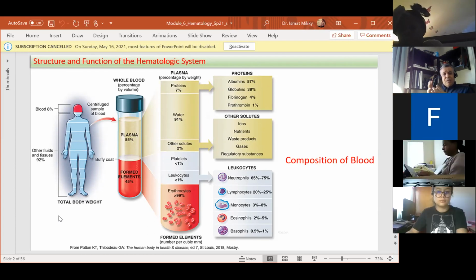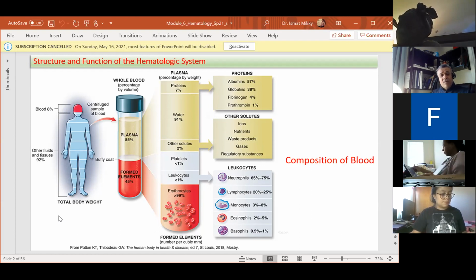So which is, again, from the plasma. We said plasma is about 55%, and then the formed elements, 45%. It's almost like half plasma and half blood cells. The blood-forming elements, which are the blood cells, are about 45%: platelets, leukocytes, erythrocytes, RBCs, white blood cells.